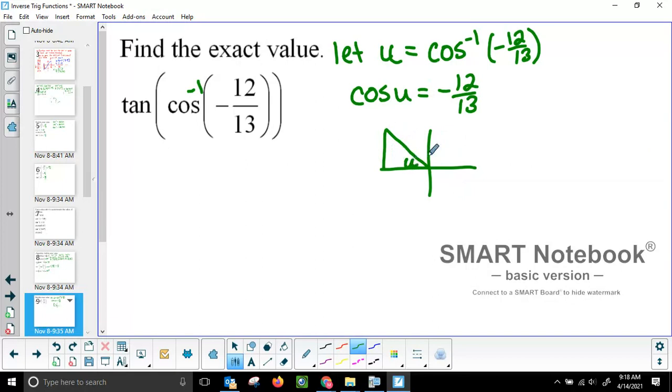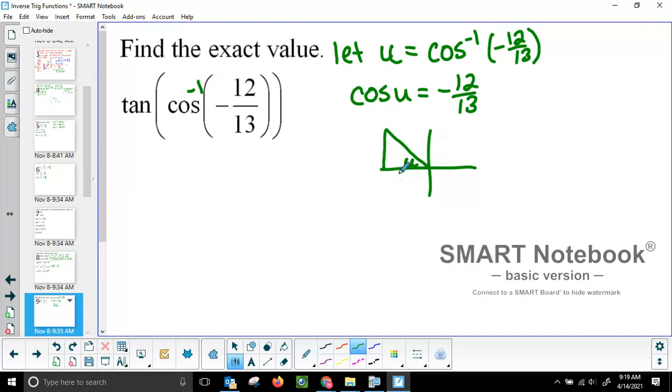And I'm going to call this my angle U, because remember, trig functions are always attached to this angle. Cosine, as far as SOHCAHTOA is concerned, is what over what? Adjacent over hypotenuse.